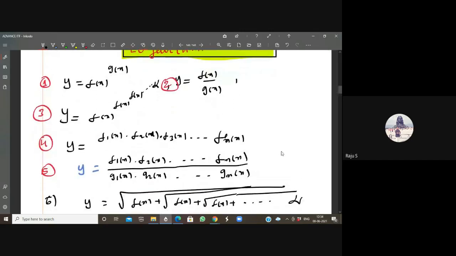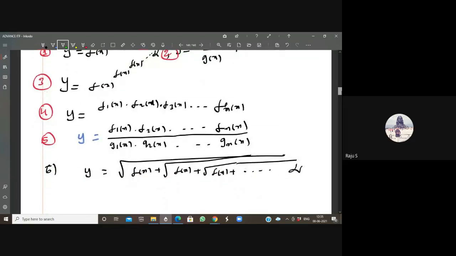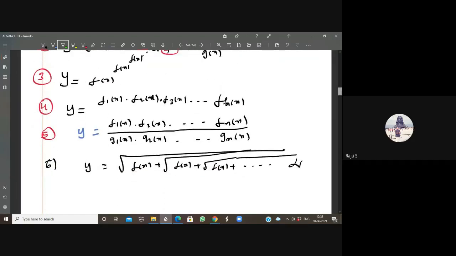You should have some idea about in what cases we can apply log on both sides: function power function, function by function, function power function up to infinite terms, product of a finite number of functions, product of functions by product of functions, and square root of infinite functions. These cases you can apply logarithms.